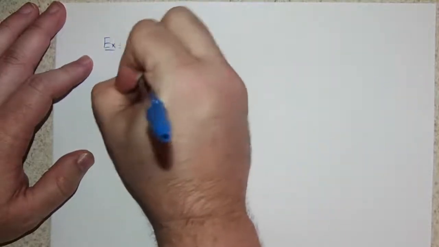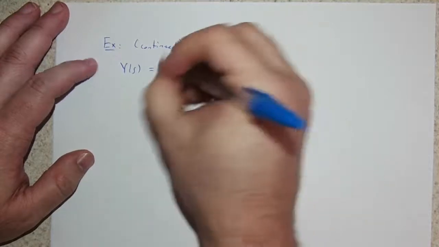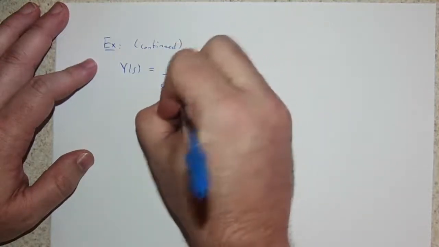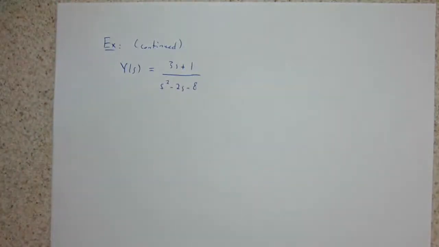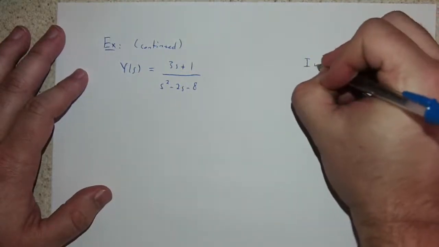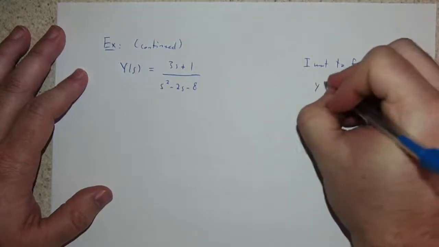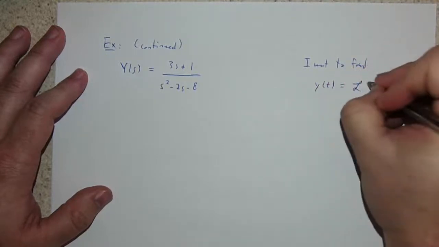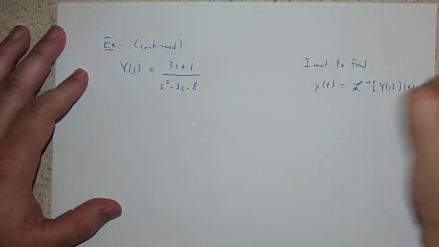So big Y of s is (3s plus 1) over (s squared minus 2s minus 8). And I want to find little y of t, which is the inverse Laplace transform of big Y of s, of t.